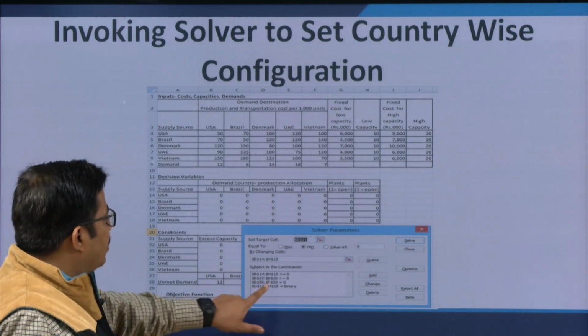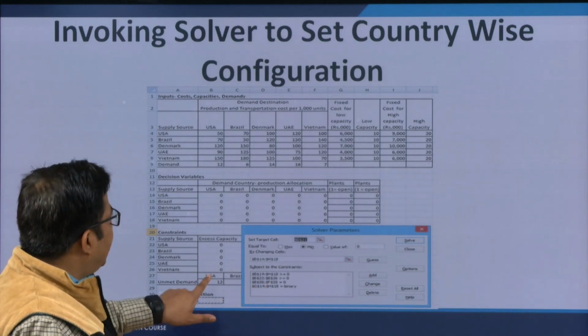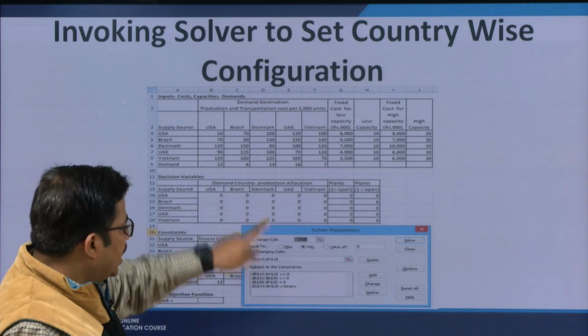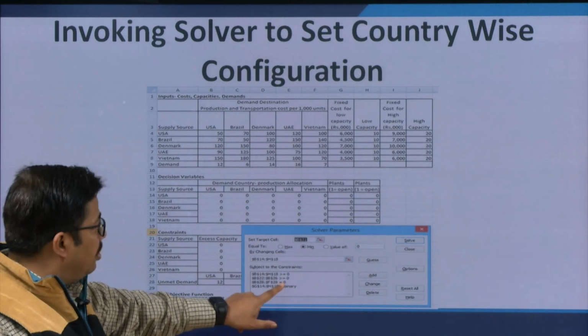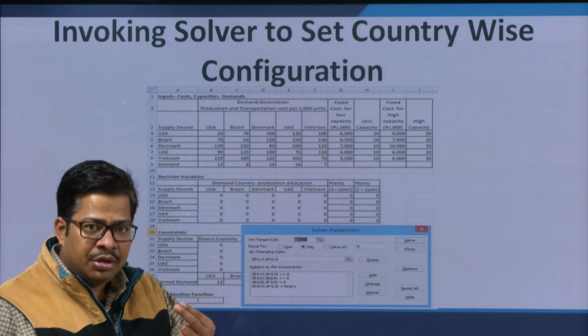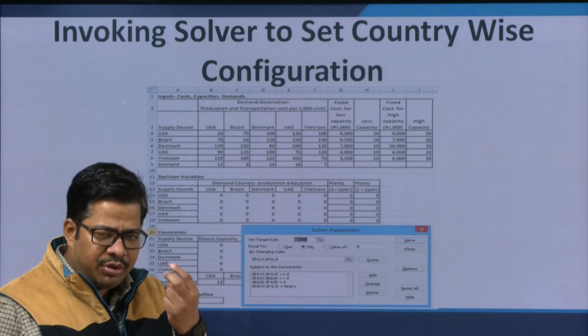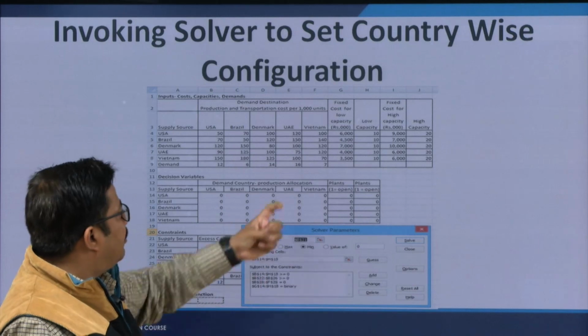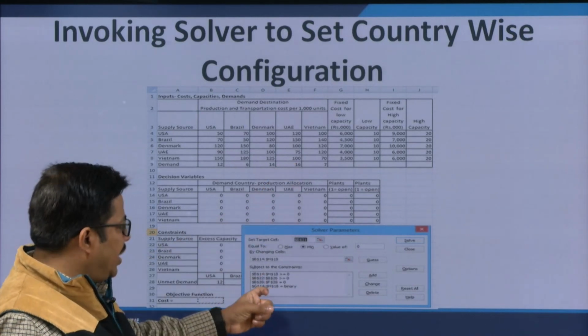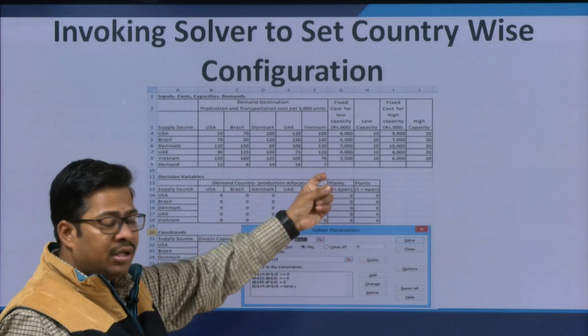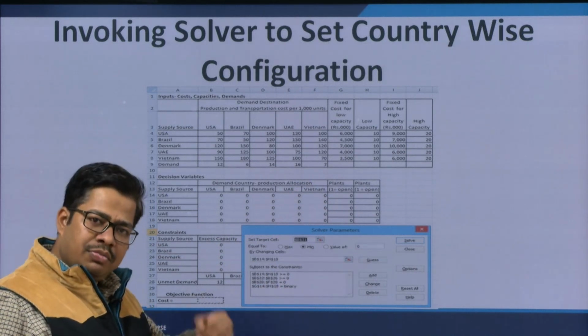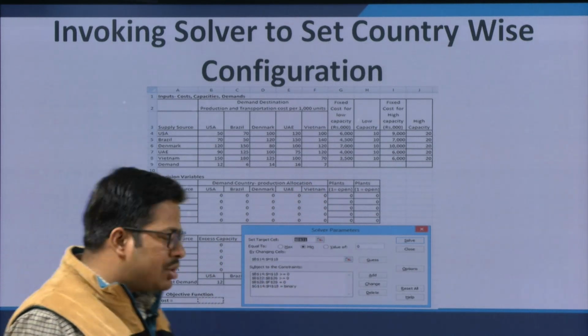In case of B28 to D28, it will be equal to 0, and you need to write 2 additional constraints, one for UAE, that is for E28, and another for F28. So what will be those 2 constraints?